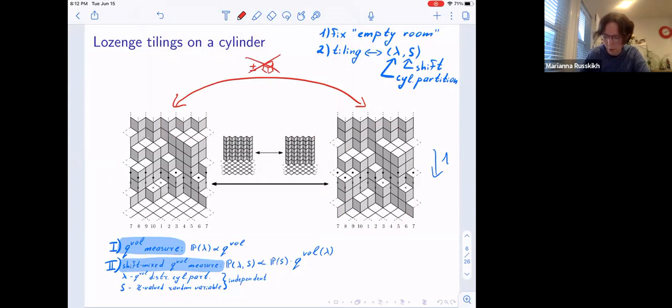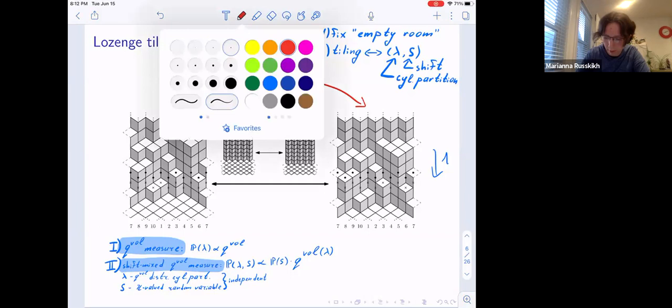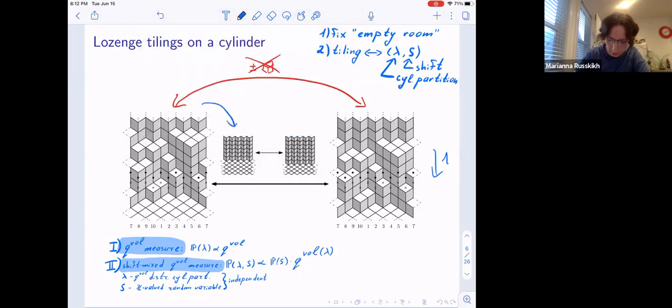However, each Lozenge tiling configuration with our boundary conditions corresponds to some empty room. So this is always true: one can remove all boxes and get some empty room configuration.